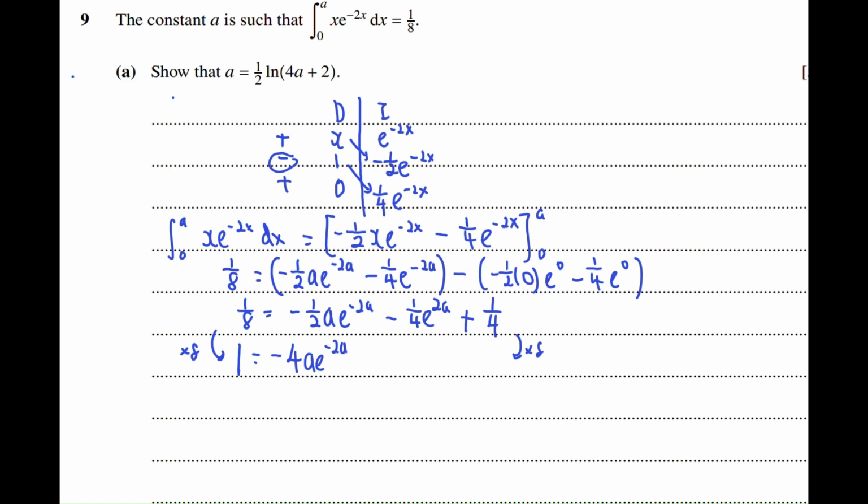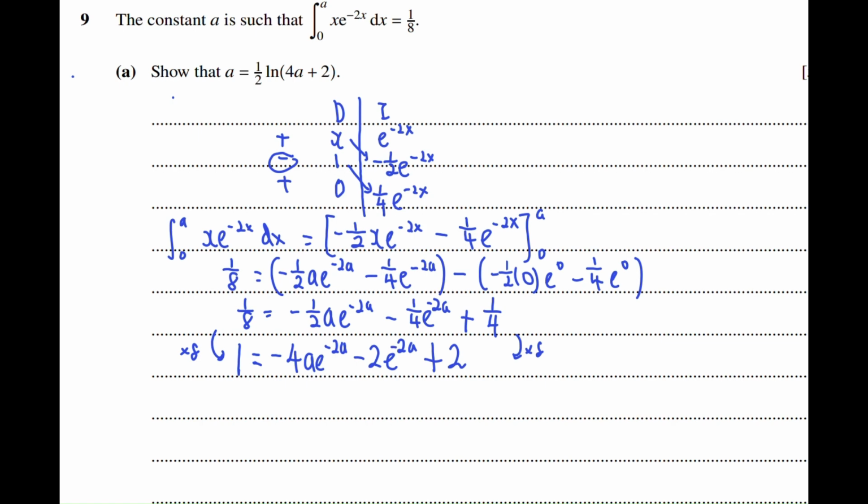Negative 1 over 4 multiplied by 8, I'm going to have negative 2 e to the power of negative 2a. Sorry, I missed out the negative sign. And 1 over 4 multiplied by 8, I will get 2.